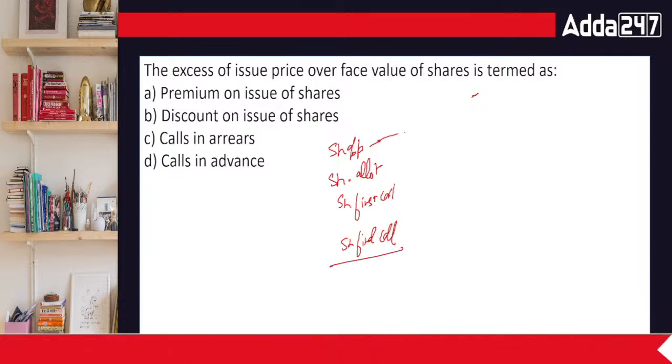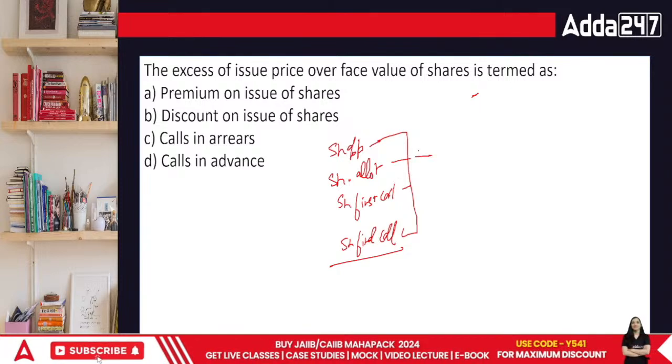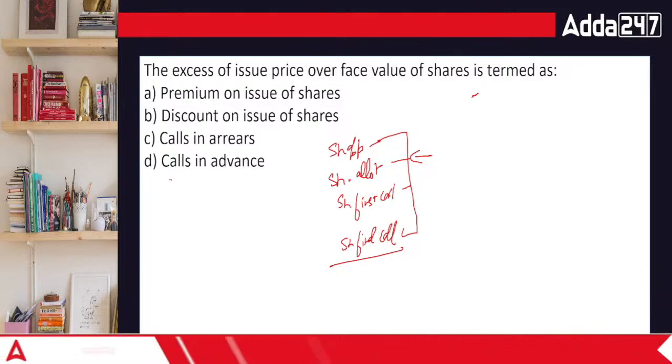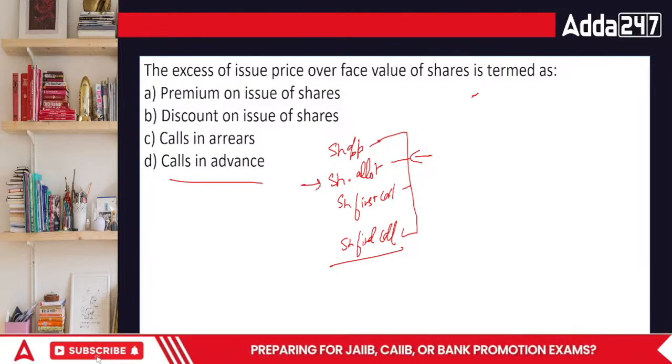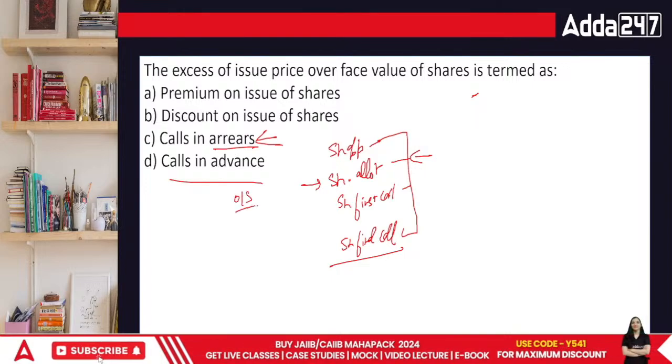All these things have to be paid up, है ना? If anybody while paying share allotment pays for the remaining calls as well, that's called calls in advance. If the person doesn't even pay the call which is made, that is called calls outstanding.